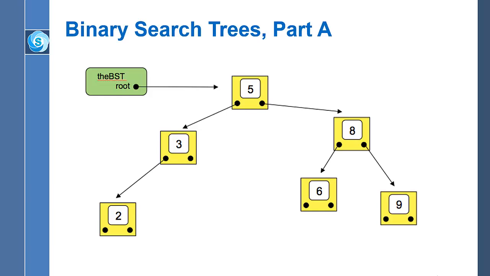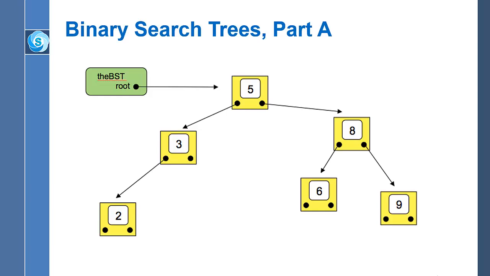I had an object that represented the entire linked list, and then the linked list was made up of little structures, little nodes. Here, a similar thing. We have this object, the BST. It has a pointer that points to the root node of this binary search tree. Let me remind you again what that means: every binary search tree has a node that is the starting point. It's at the top in this diagram, and that's said to be the root node.